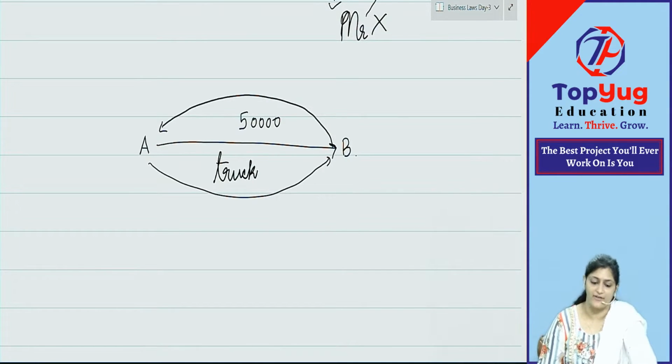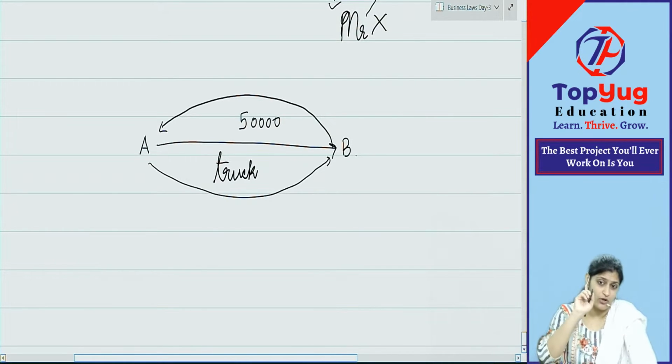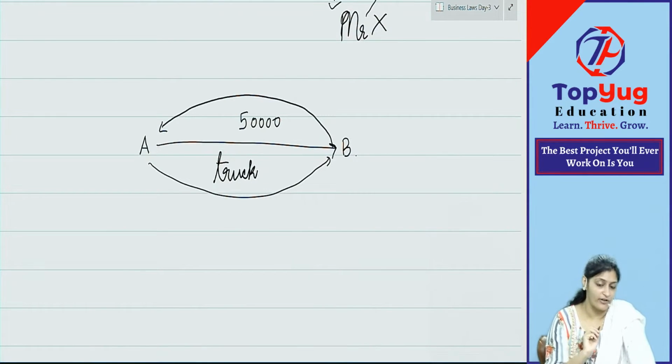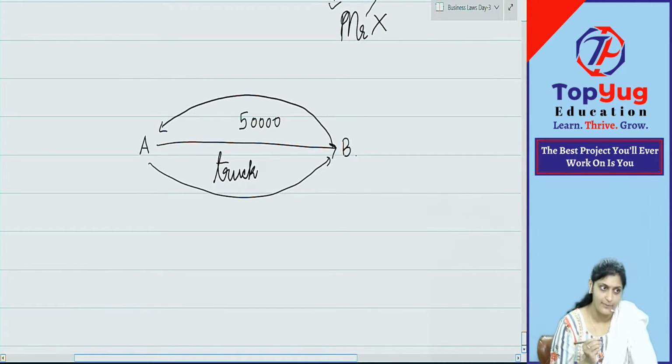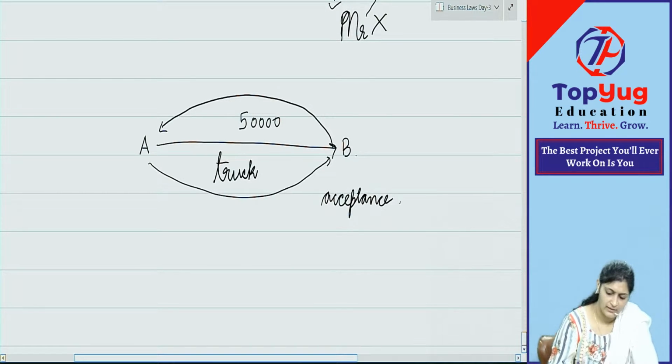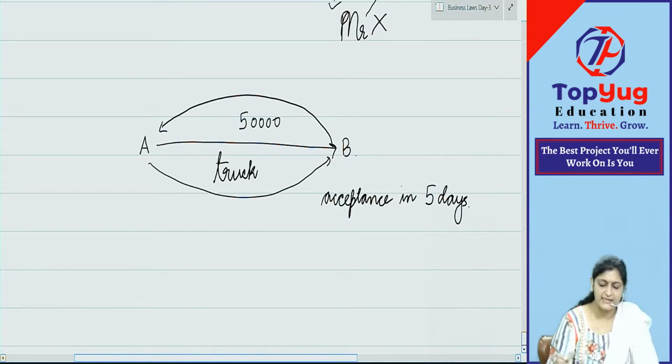This was the offer given by A to B. But in this offer, there was one term which A gave: if you want to accept my offer, you have to give the acceptance in 5 days. What is he saying?